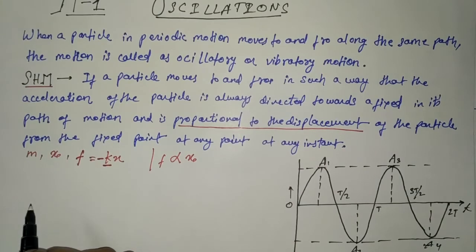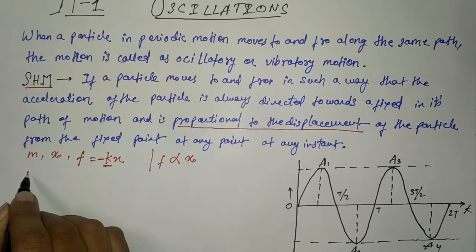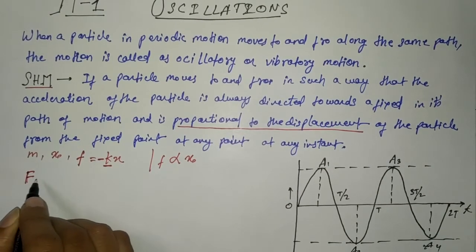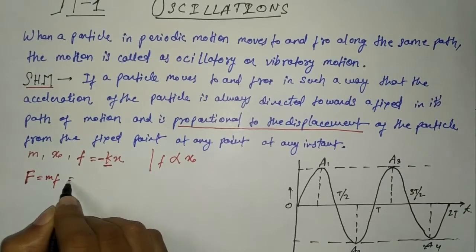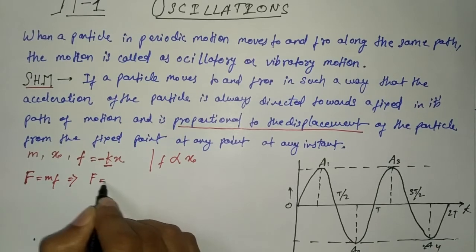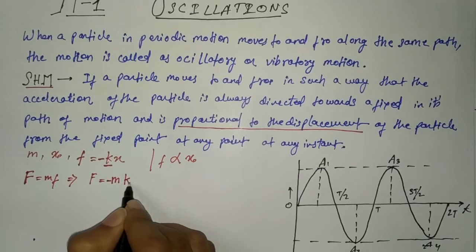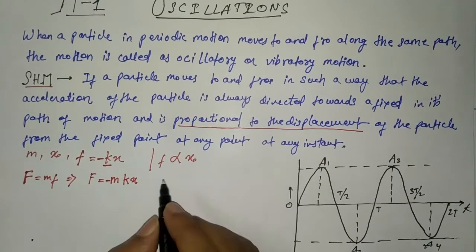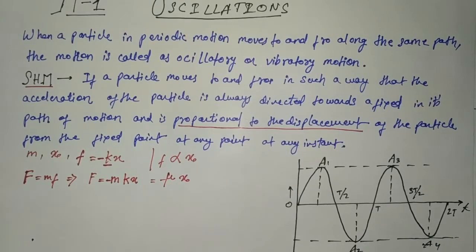Hence, the force acting on the particle is given by force equal to mass into acceleration. So F will be equal to m into minus k into x, that is minus mu x.